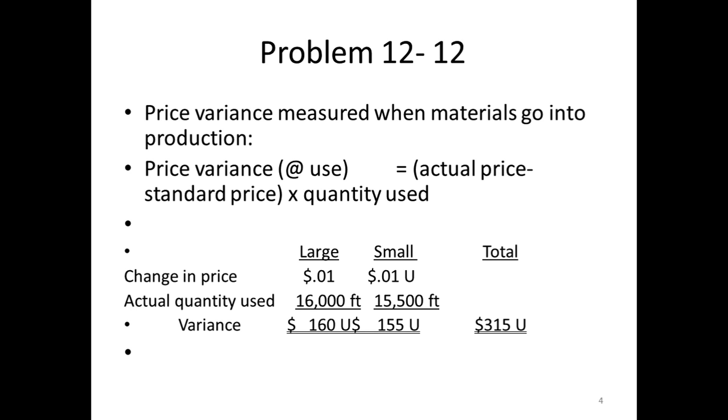Secondly, it results in a timely measure of the purchasing manager. So if, for example, the price variances were computed at the time of use, the reported price variances would not be reported until the material is used.